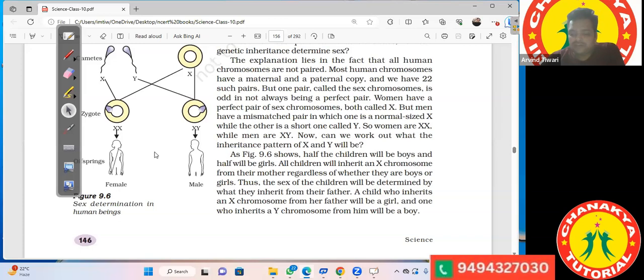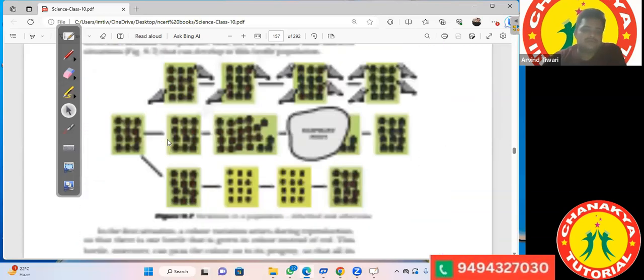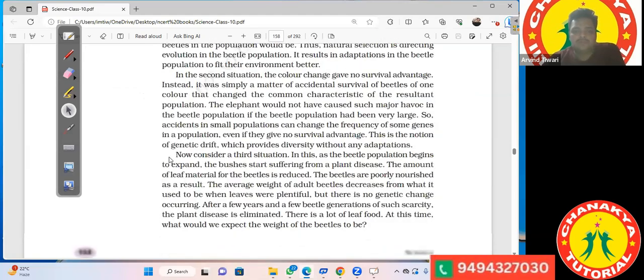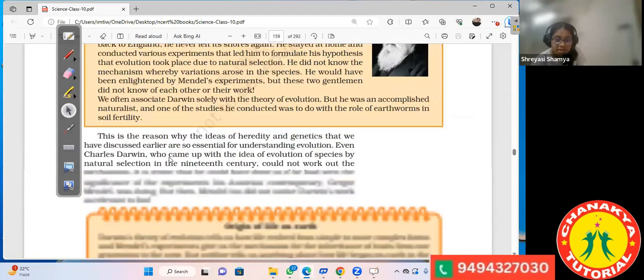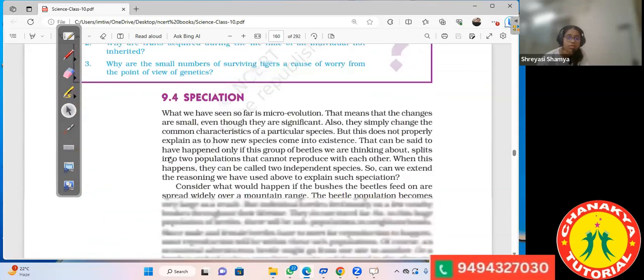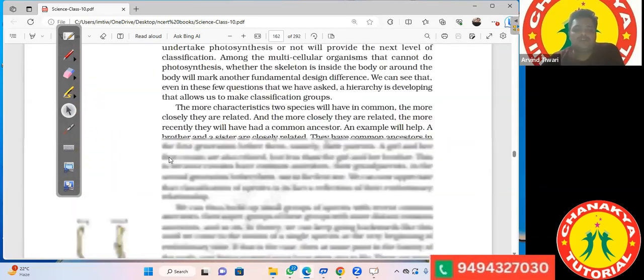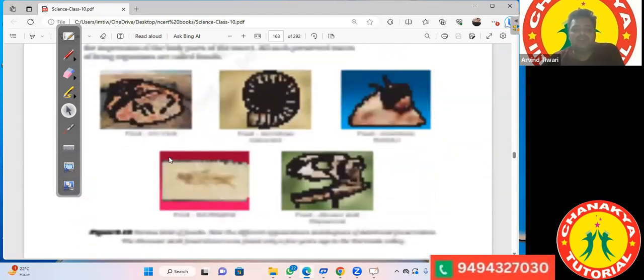Yesterday we also did sex determination. This is heredity and evolution, but we are not doing evolution and speciation.